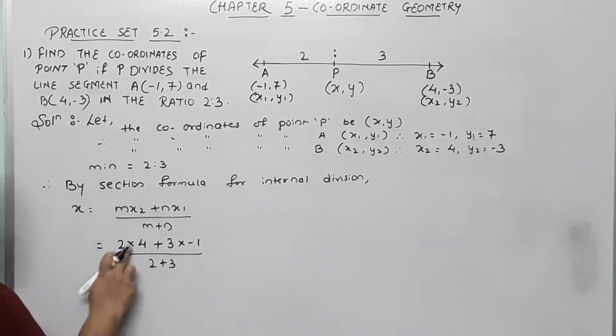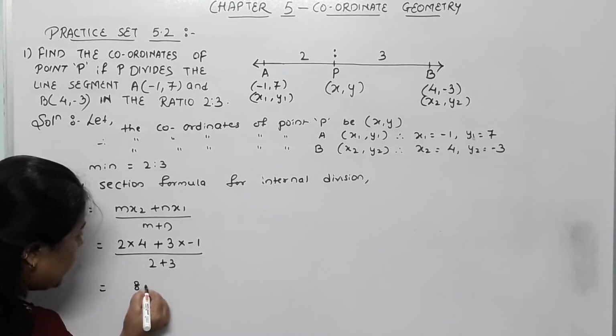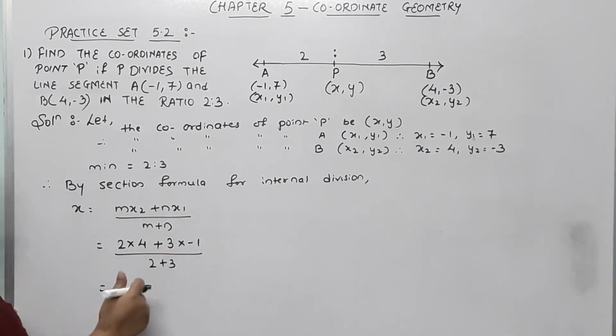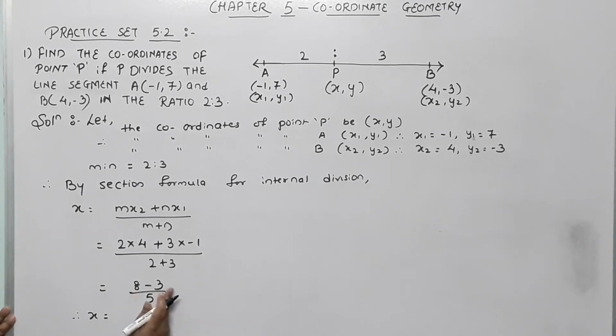So, we will have 2 fours are 8 plus 3 into -1 is -3, upon 2 plus 3 is 5. Therefore, x equals 8 minus 3 is 5 upon 5. Therefore, x equals 1. We got the value of x as 1.